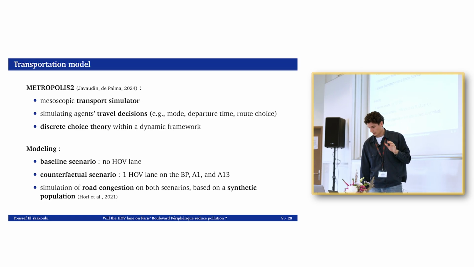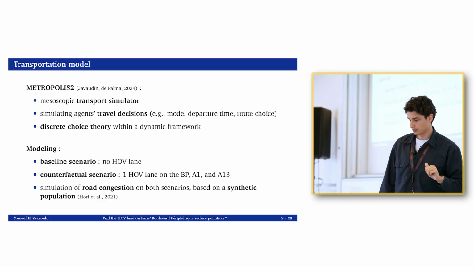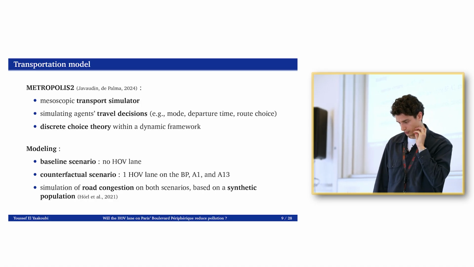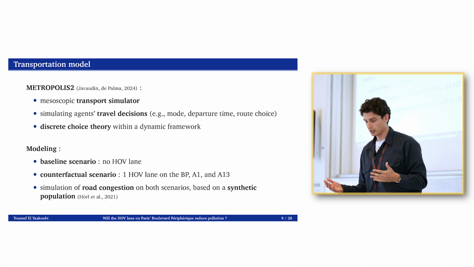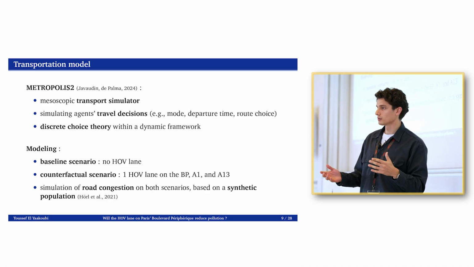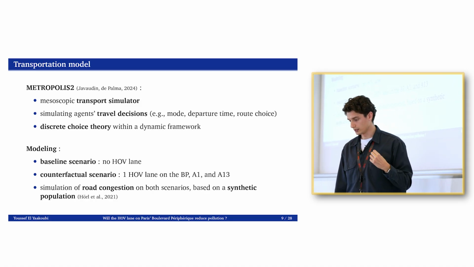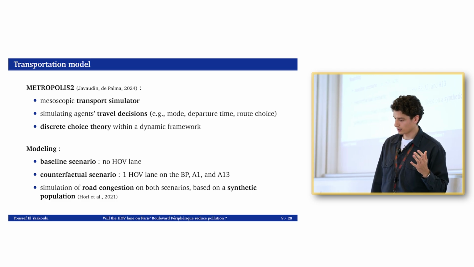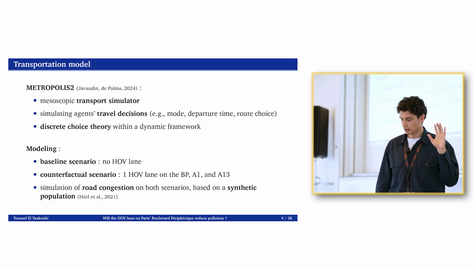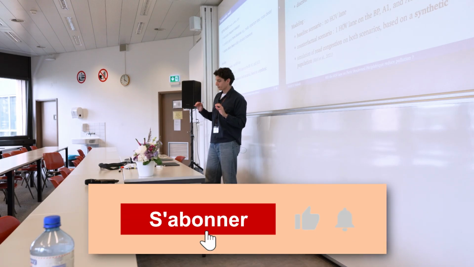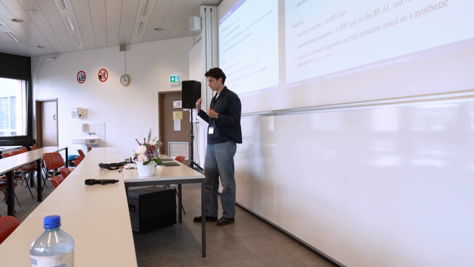So the modeling, the transportation model. This is the part that Lucas Javaudin with André de Palma are working with, called Metropolis 2. It's a mesoscopic transport simulator that simulates agent travel decisions, so mode choice, departure time, route choice, for example, and it's based on discrete choice theory within a dynamic framework. For this study case, the transportation model will give us two sets of travel times.